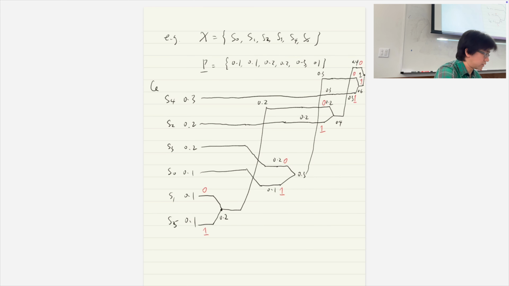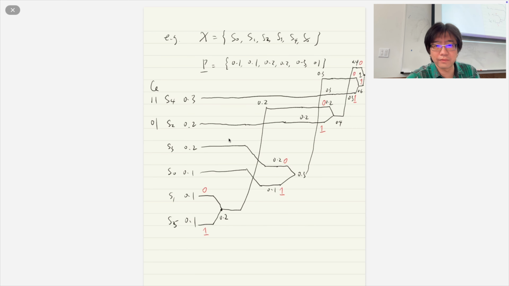Okay, so now let's write down our code words. Let's see the code word. Let's say the first one. So the first one, here we have 1, and here we have another 1. Is that right? Yeah, so the first one is 1, 1. Let's see the second one. Second one, we have a 1 here, and we have a 0 here, right? So it's a 0, 1.